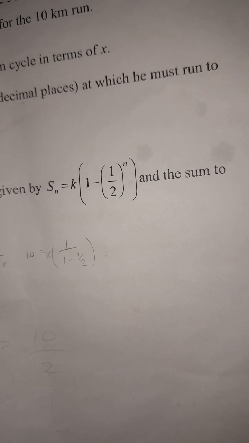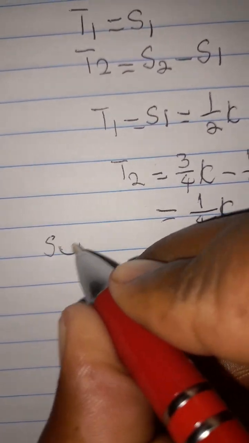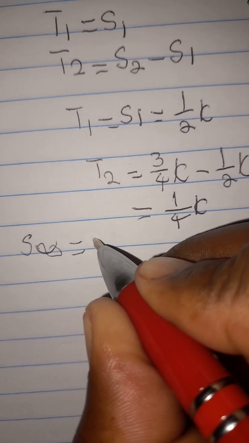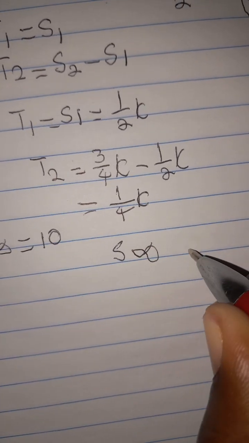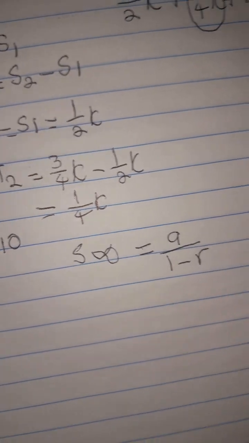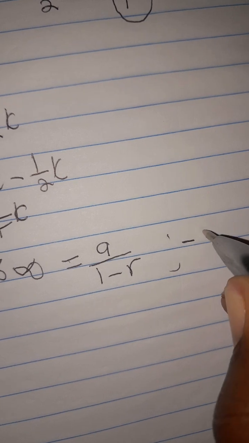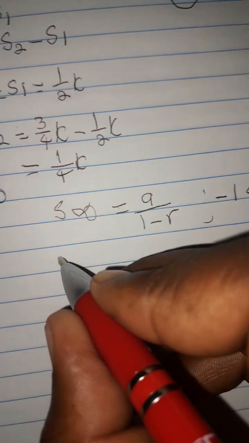Remember, we are not done. They told us that the sum to infinity of the series is 10, so let's collect that data. We are going to use the sum to infinity formula, which is a divided by 1 minus r, when −1 < r < 1.